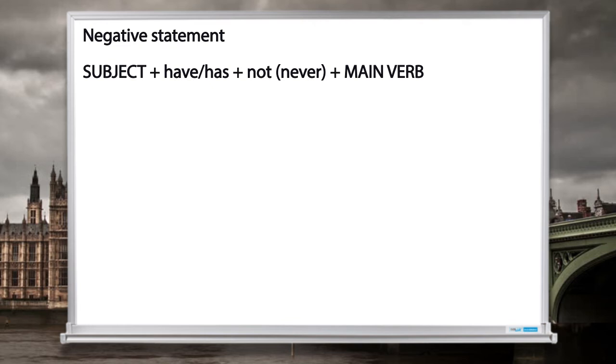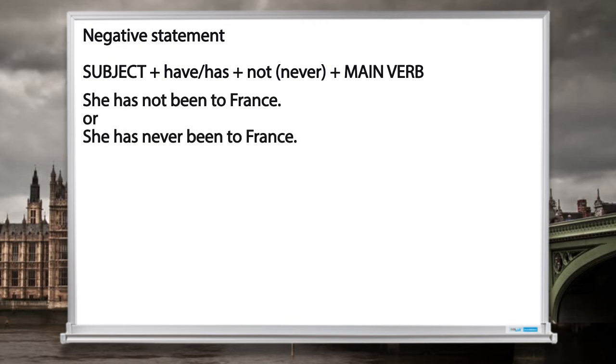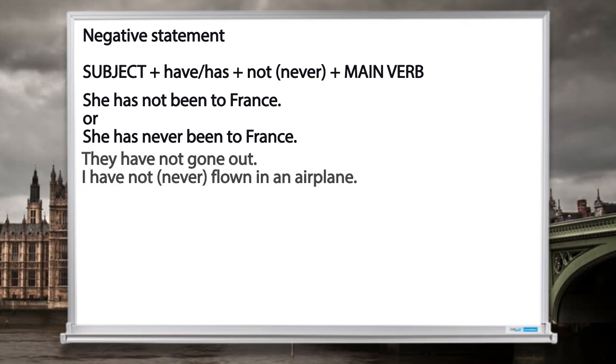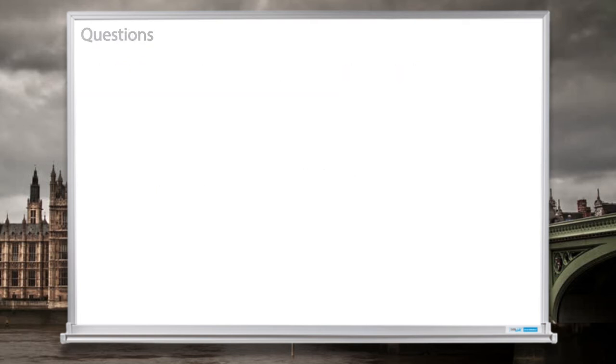For example, she has not been to France, or she has never been to France. They have not gone out. I have not flown in an airplane, or I have never flown in an airplane.